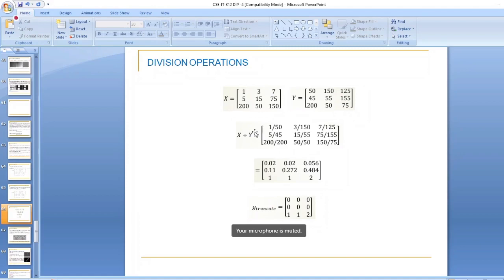So this is the process which we have applied for the division of X and Y. Using MATLAB, you can also create this X and this Y, and you can also perform this X division by Y. There is an inbuilt function which I will explain in the next class. Okay. Is that clear? Any doubt? No, sir. Okay.